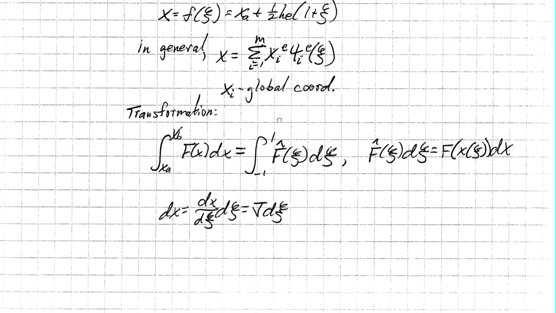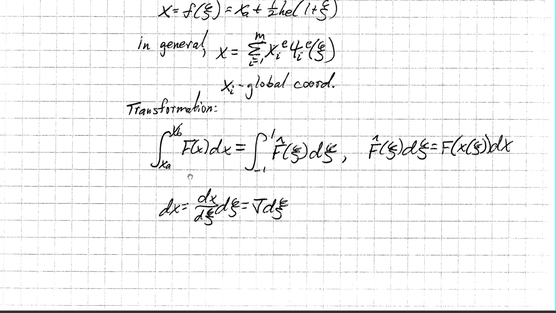The notation often used in Reddy and other textbooks is that this integration in the true domain from x_a to x_b is converted to this local, unitless, normalized coordinate from -1 to 1, where we're calling this function f hat, since it's related to this, but we're working on a different coordinate system. These are equal based on this relation.